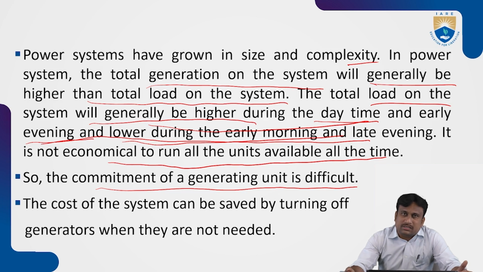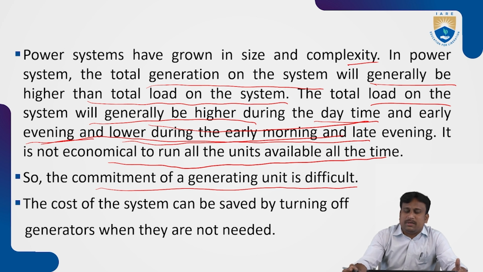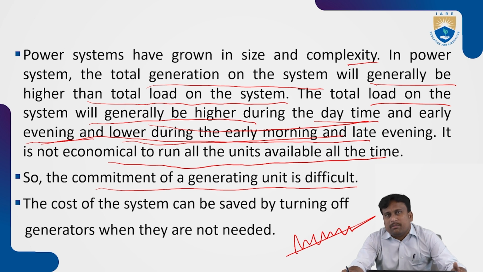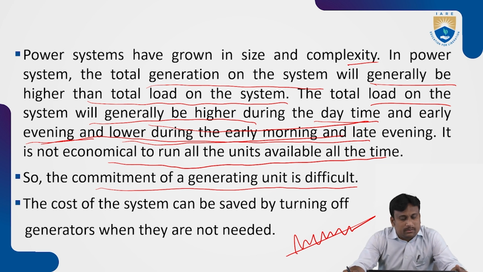In the daytime sessions, utilization of the load is more, and in the early morning, the load demand is very less. So there will be some variations, and these variations may interlink to the unit commitment problem.